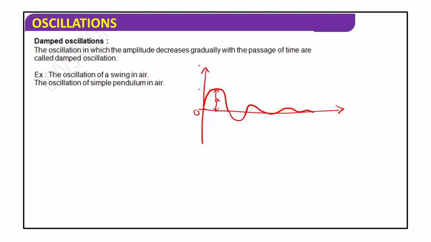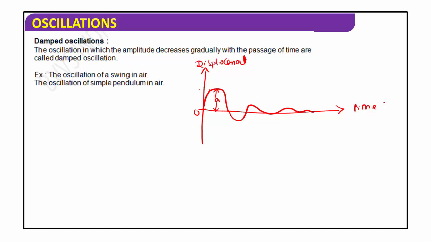When you draw the graph of displacement versus time for this simple harmonic motion, the oscillation in which the amplitude decreases gradually with the passage of time is called damped oscillation.